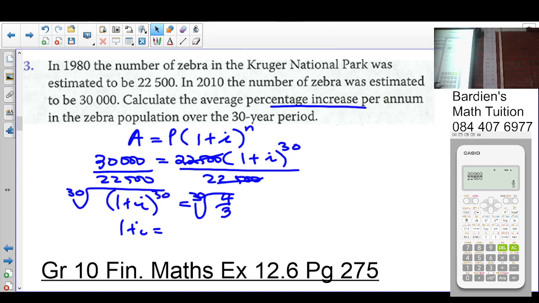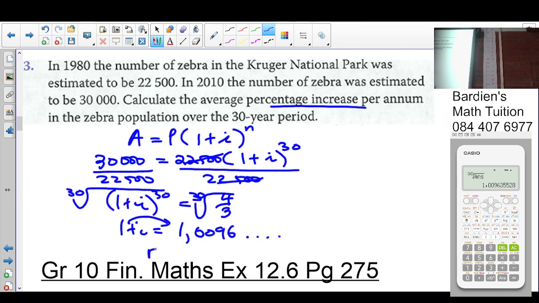So you got the 30th root. 30 shift, 30th root of that answer, which is 4 over 3, is 1 comma 0096. And the number carries on.